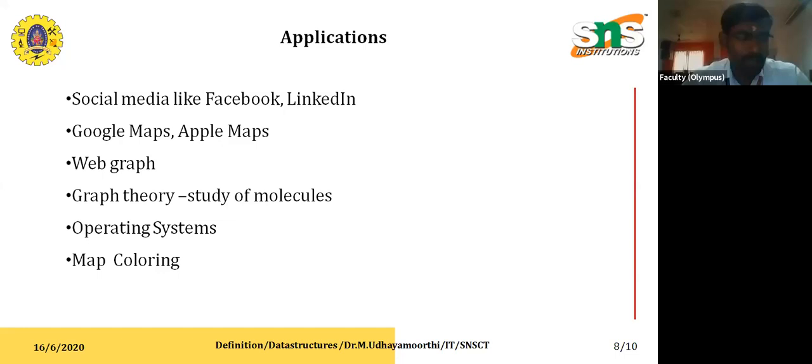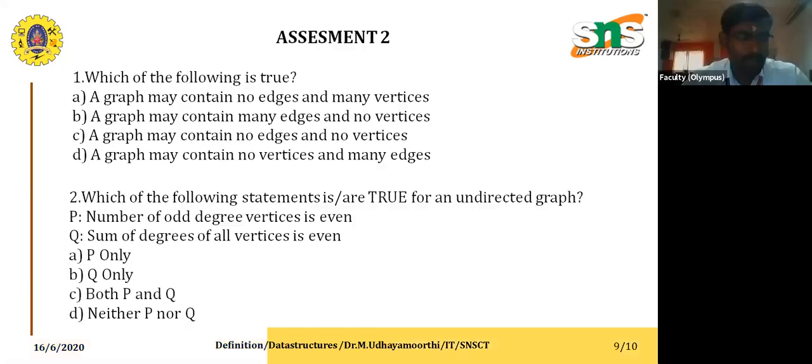Now all of you see the screen. We are going to solve the assessment. All of you read the first question: which of the following is true? The first option is, a graph may contain no edges and many vertices.